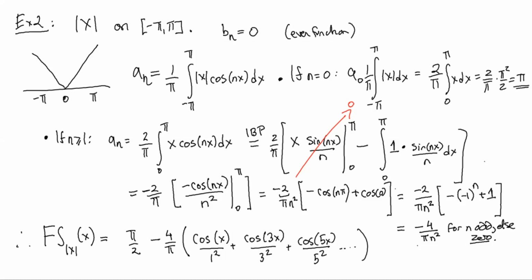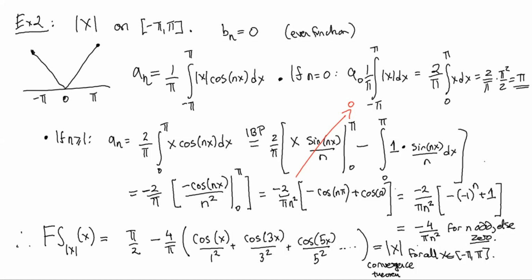By the convergence theorem, this function doesn't have any discontinuities, and the values at the two endpoints are the same. So this is literally equal to absolute value of x. Okay, so this is quite amazing.